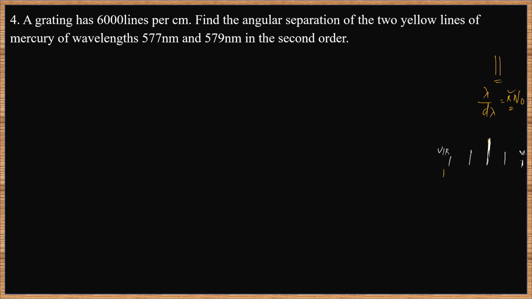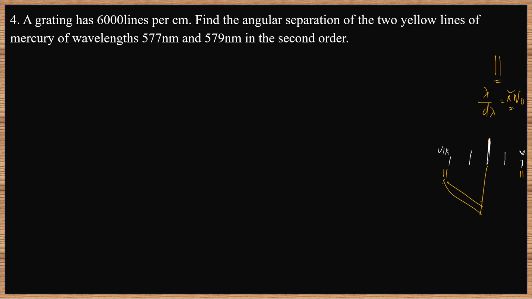So there are two yellow lines. What is the angular separation of these two yellow lines? These two yellow lines make some angle with the normal.